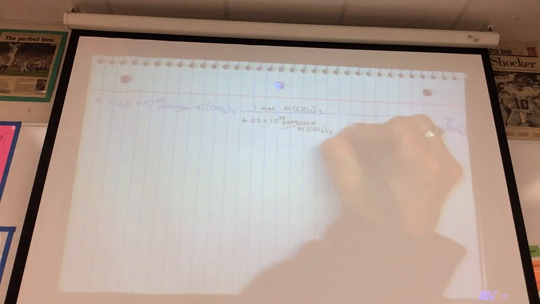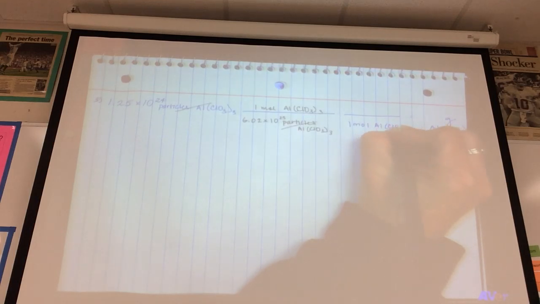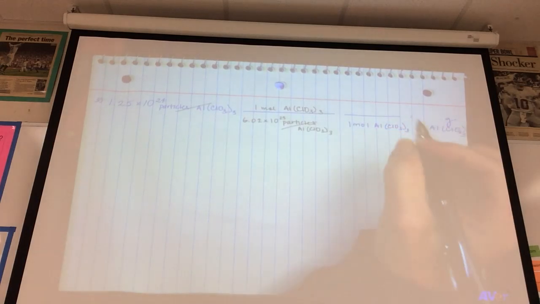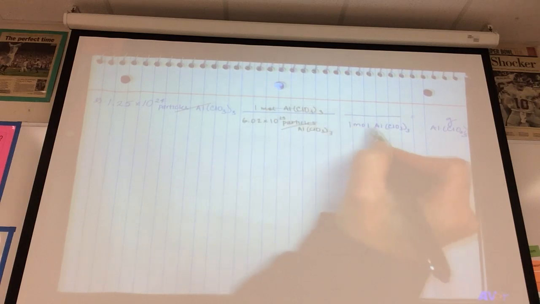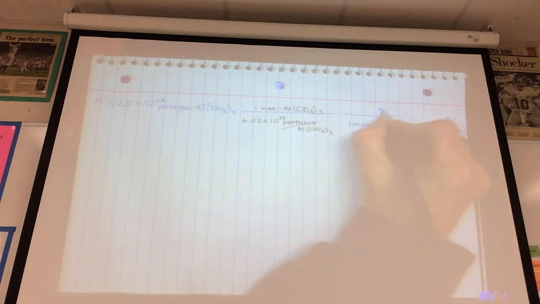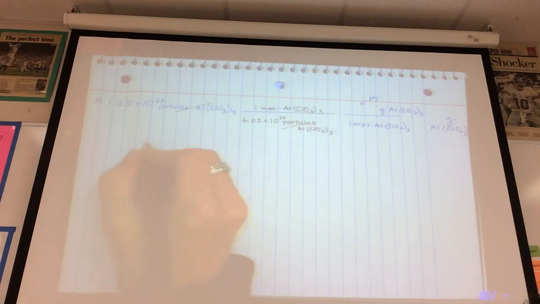Mole. And in the numerator we will place mass. And where do we get that from? Periodic table. And we've got to get that. How many aluminum do we have? We have 1 aluminum.